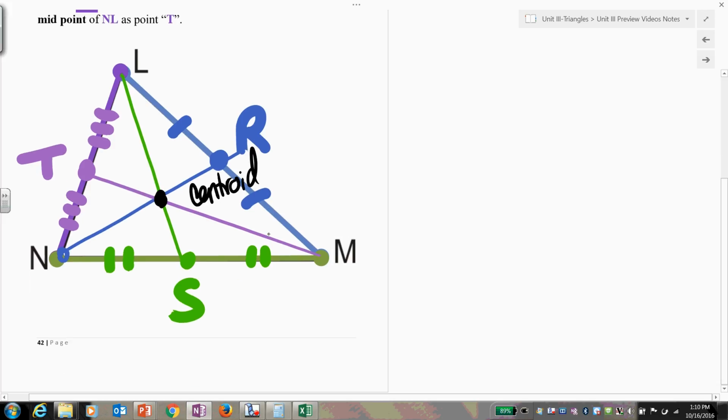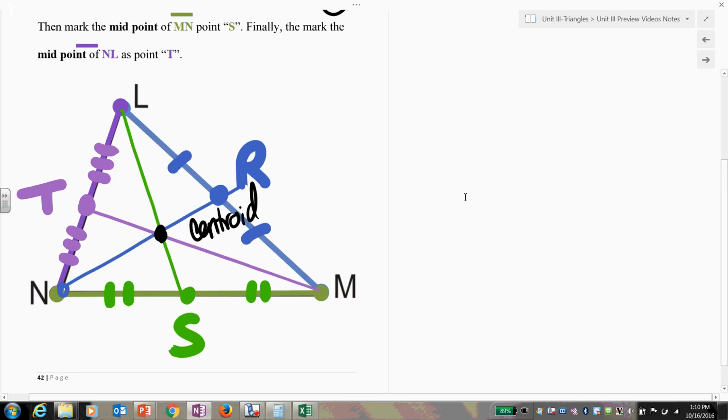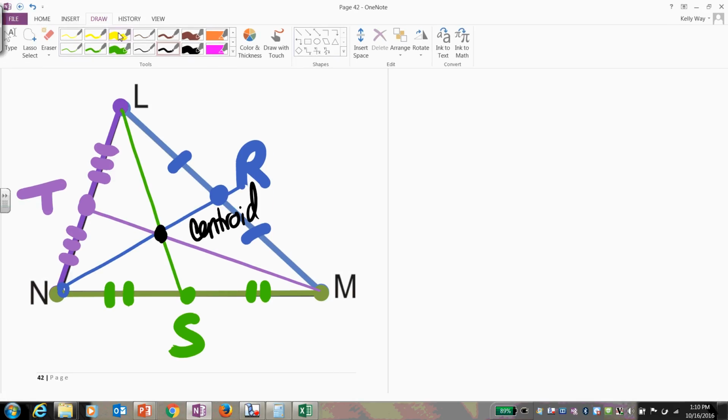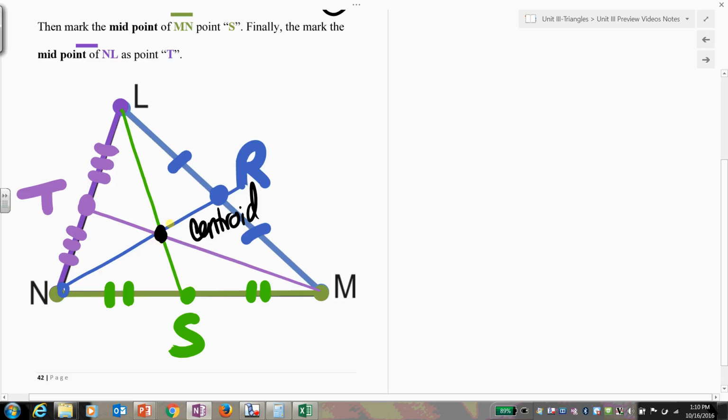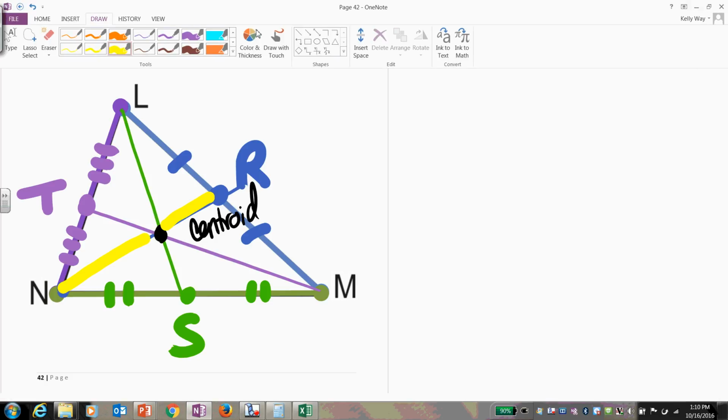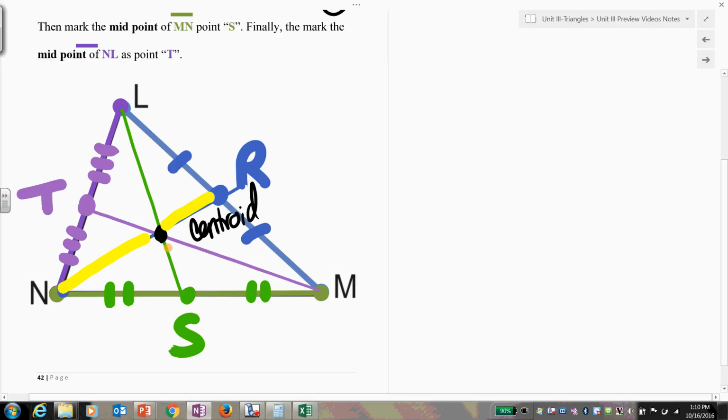Now what I'd like you to do is finger pinch, please. Finger pinch the centroid to R and compare that distance from here to here. And finger pinch from here to here and compare that distance going this way.